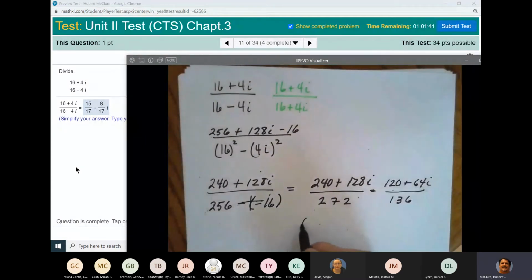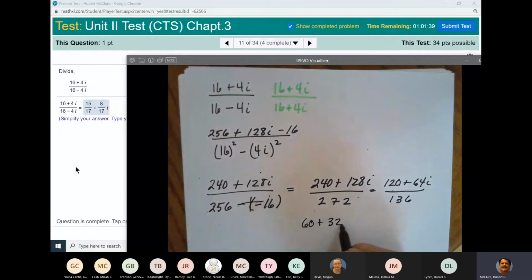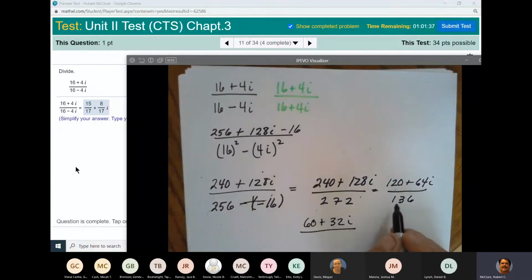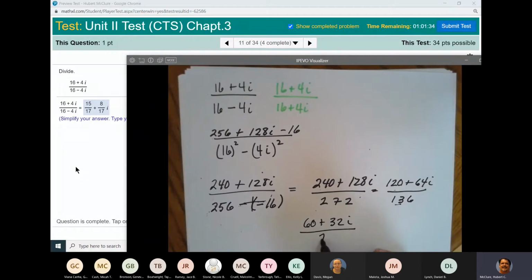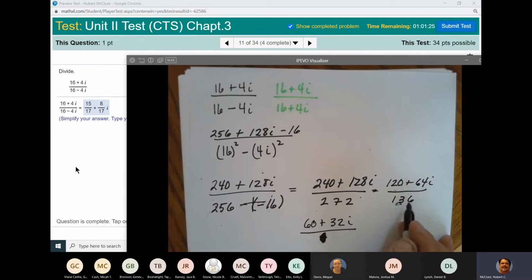That'll be 60 plus 32i over, 2 won't go in there 7 times. 2 will go into 13 6 times. 2 will go in there, leave 1 over, 1 over will be 8. 68.